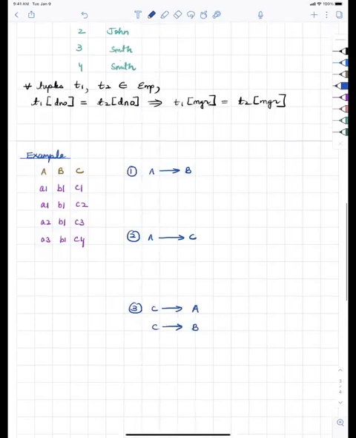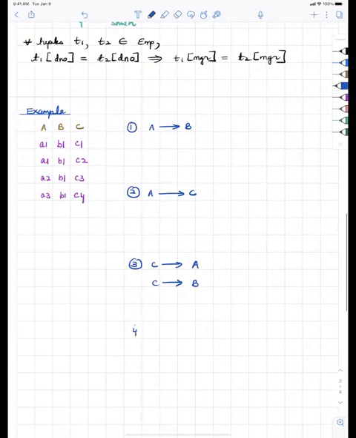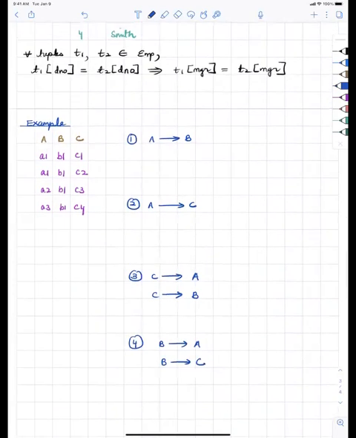And then finally, fourth, does B determine A? Does B determine C? I would like you to look at this and see if you can answer these, actually it's really 3 of these.